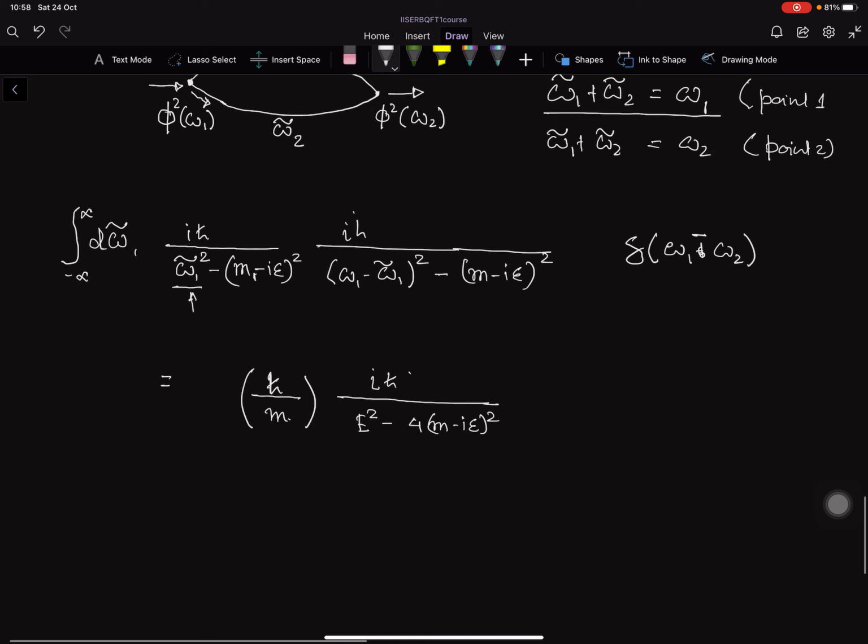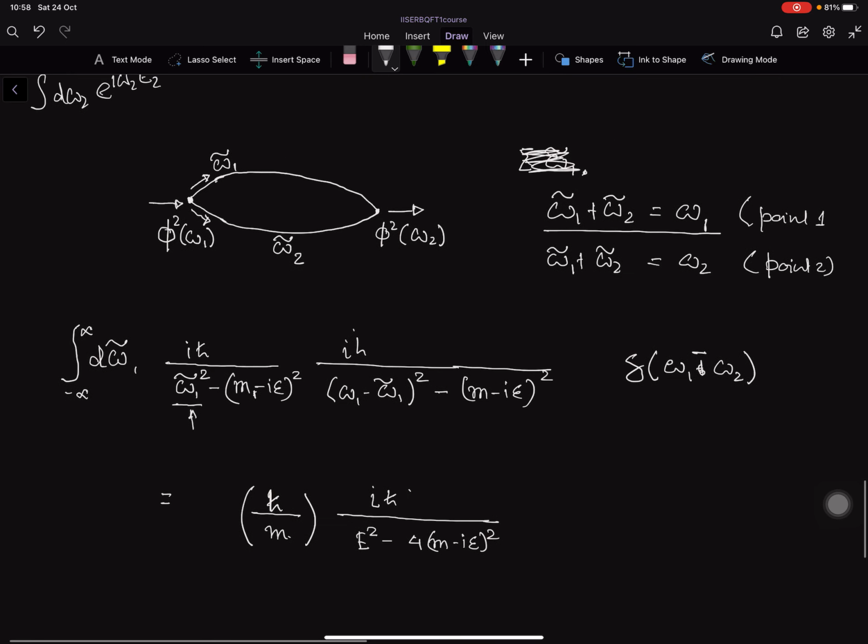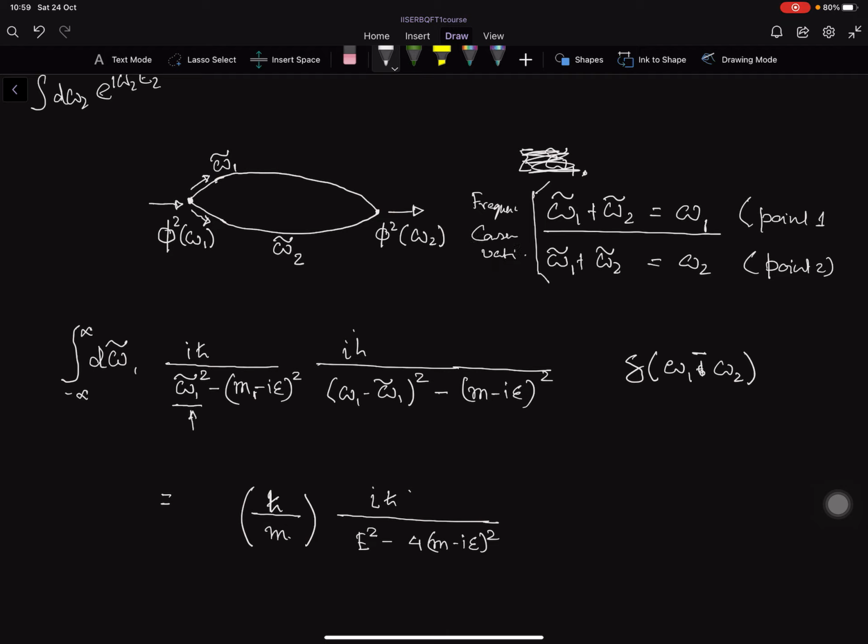Okay, so the logic is clear: we always have to apply these frequency conservation rules. This I call frequency conservation. And then we have to always integrate over all the undetermined frequencies.